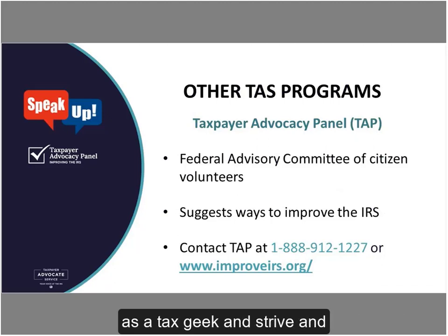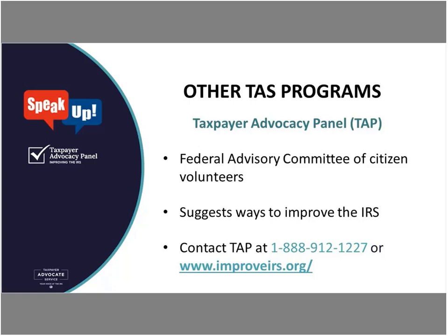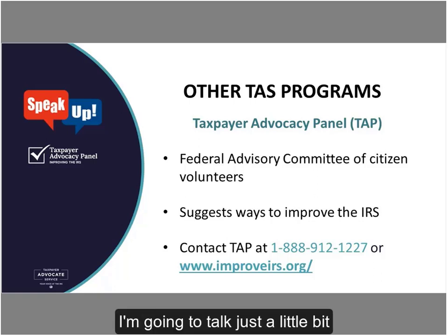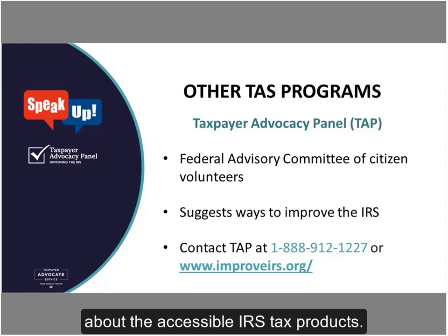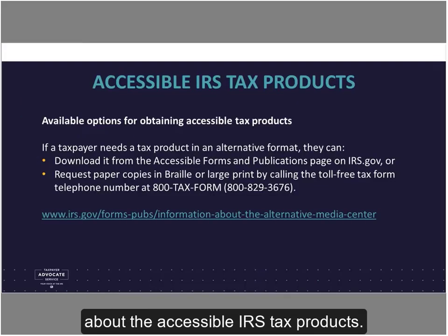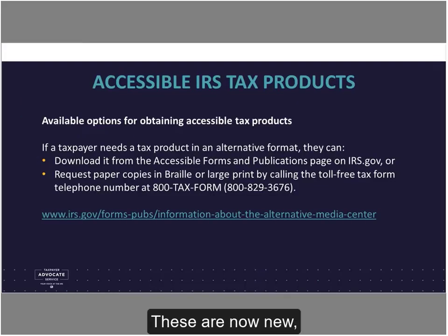If you know of someone, or yourself, is a tax geek and has a lot of ideas to improve the IRS, definitely jump online to improveirs.org or contact a TAP member at that 888-912-1227 number.